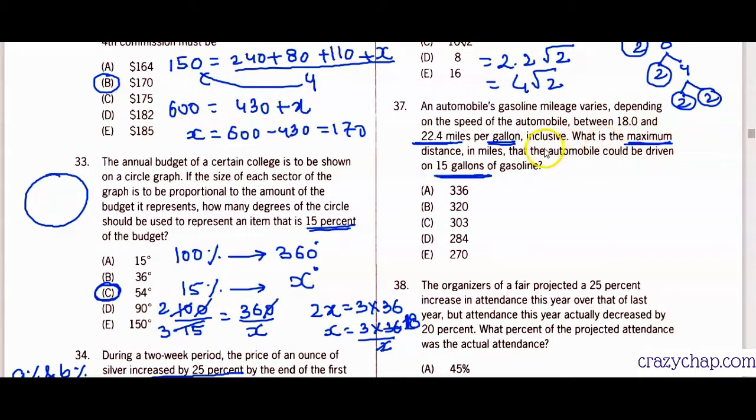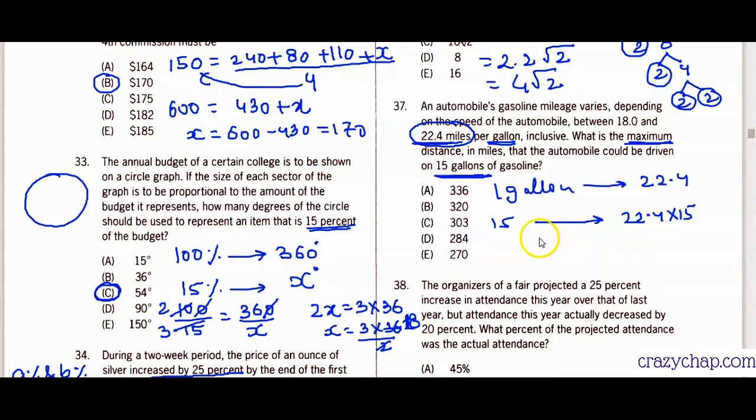To travel the maximum distance, we'll have to use this number 22.4 with 15 gallons. So 22.4 miles per gallon means for 1 gallon the distance traveled is 22.4. So for 15 gallons the distance traveled is 22.4 times 15.